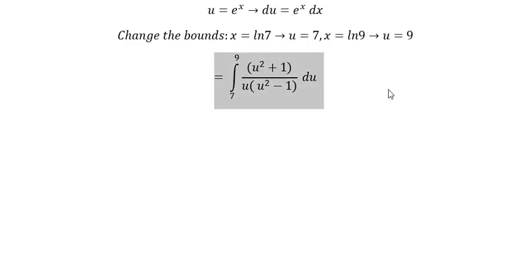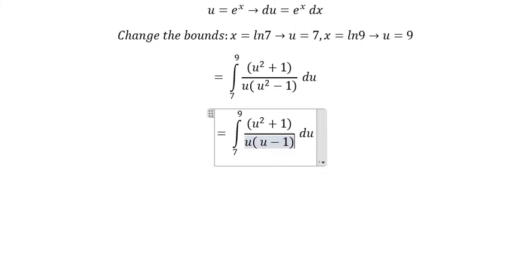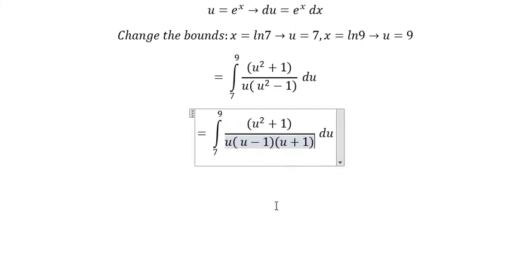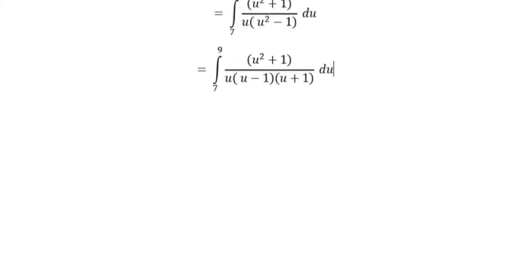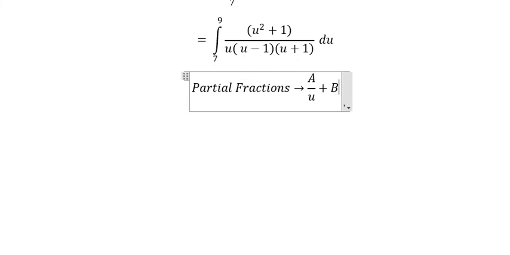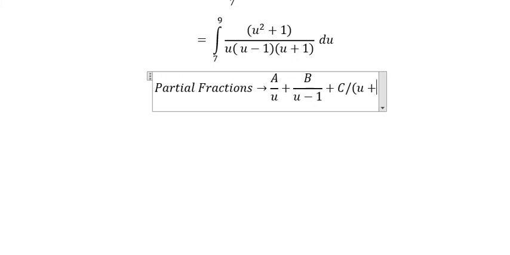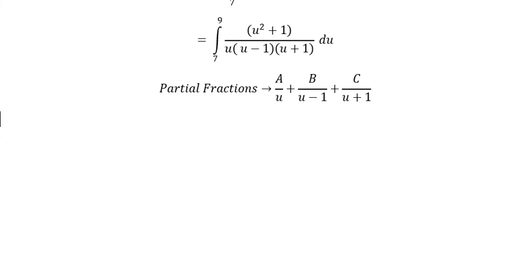Next, this one we can put into u minus 1, u plus 1. And now we can use partial fractions. So I will put A over u, B over u minus 1, C over u plus 1. Now we do common denominator.